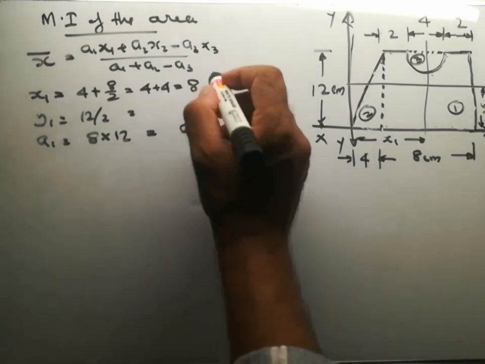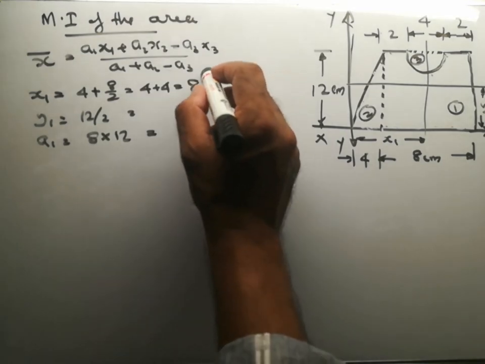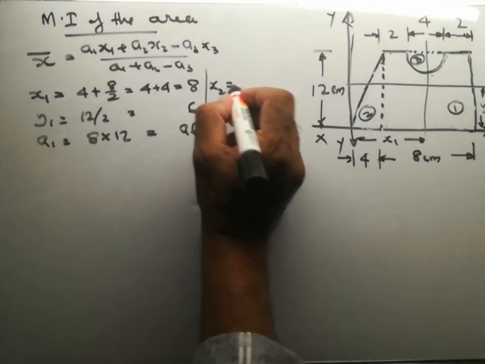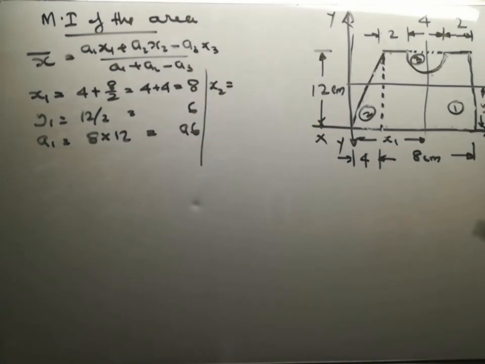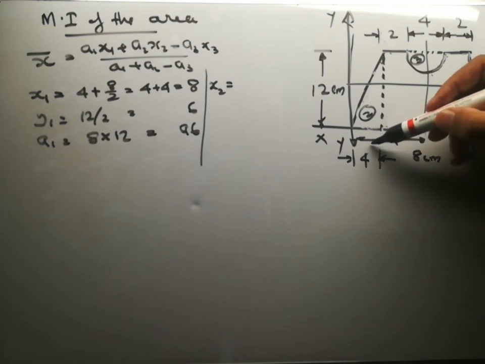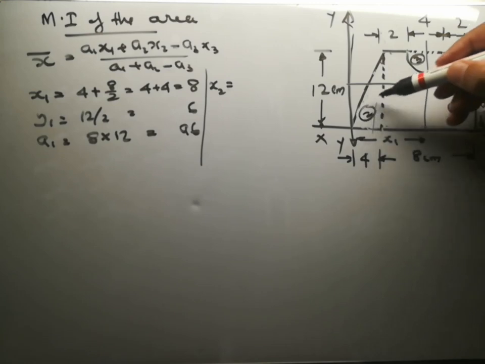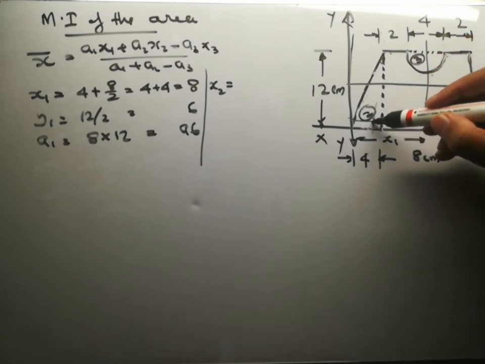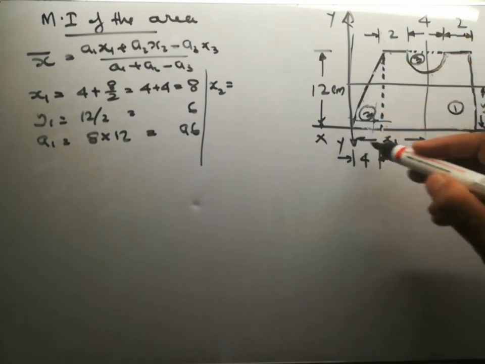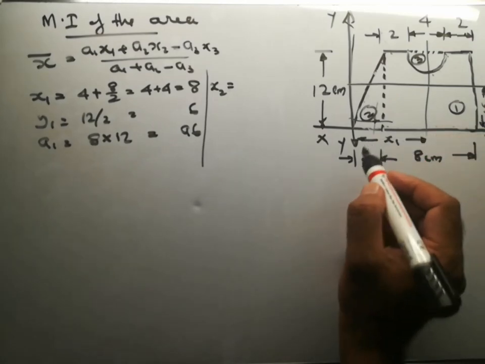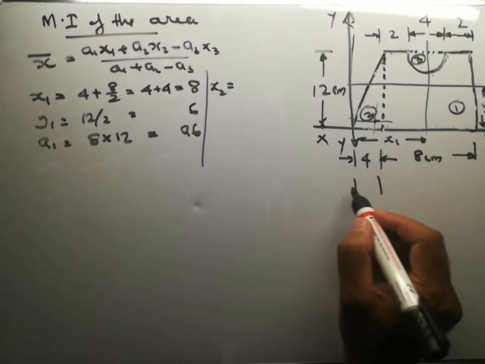Similarly, x2 is equal to, what will be x2? So this will be the centroid of this right angle triangle. So x2 will be this distance.